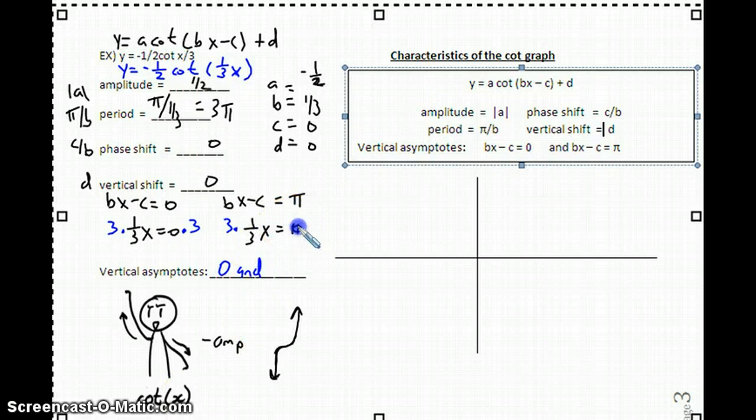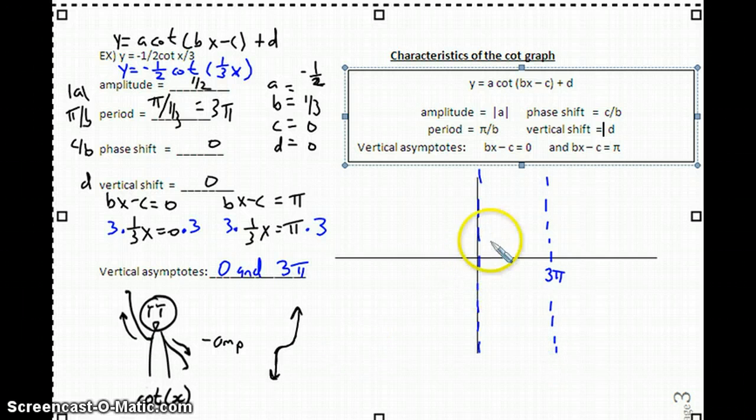Sorry about that, it should be a pi from here. So when I multiply pi by 3, let me erase that and write it neater, I end up with 3 pi. So vertical asymptote at 0, vertical asymptote at 3 pi.